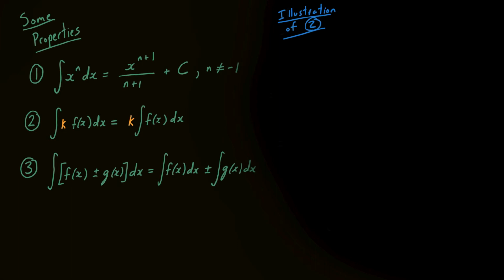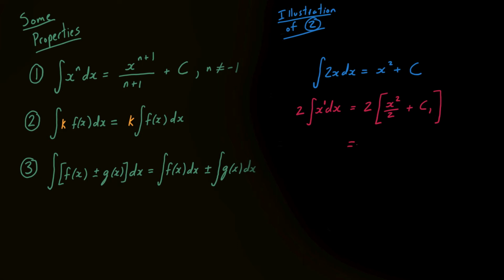Now then, why is number 2 true? Let's illustrate that with an example. A second ago, we showed that this integral in blue equaled x squared plus c. How does the integral in blue compare to this new expression in red, where the only visual difference is that the 2 is outside the integral? Well, x is x to the first, and applying the power rule on that gives me this right here.